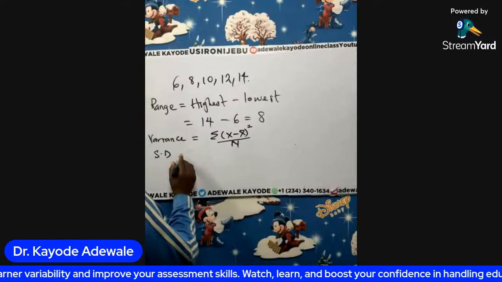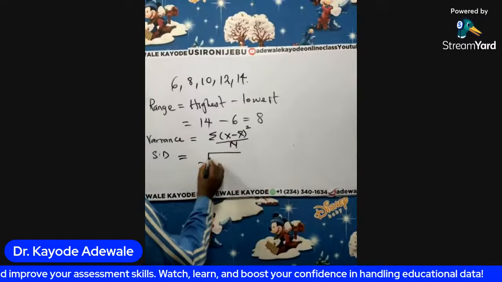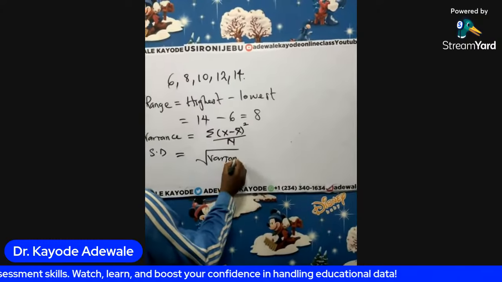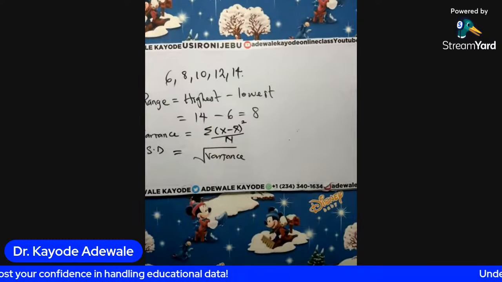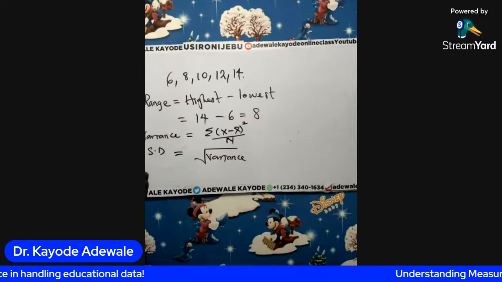While the standard deviation is just the square root of the variance. That's for the ungrouped data. When we come to the grouped data, we'll also talk about that.